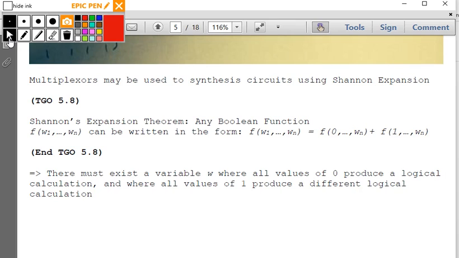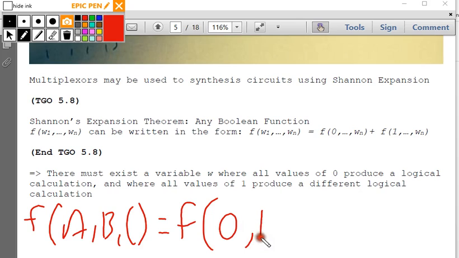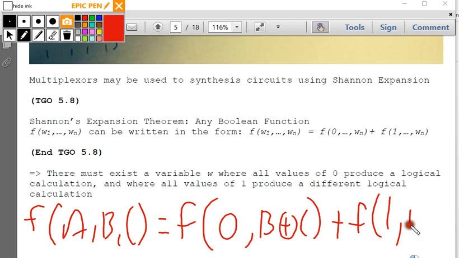So for example, in that last problem we did, we saw that if we call this A, B, and C, so when A was 0, this became B XOR C, right? Or f of 1, B XOR C not.